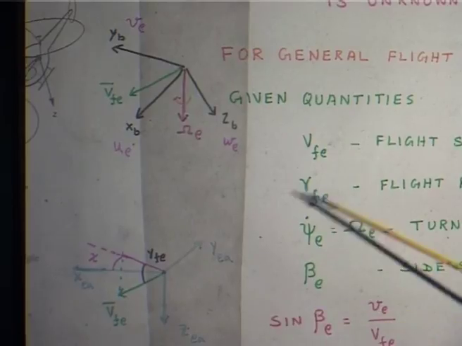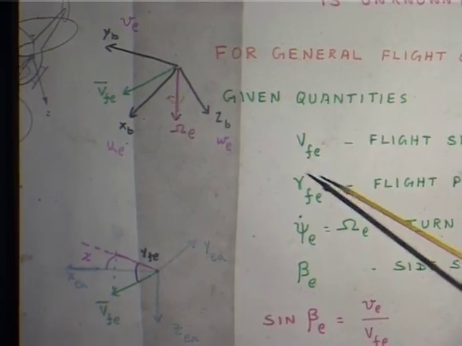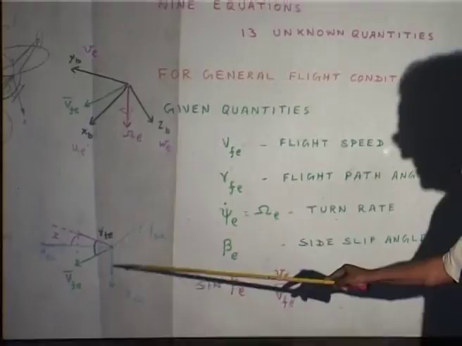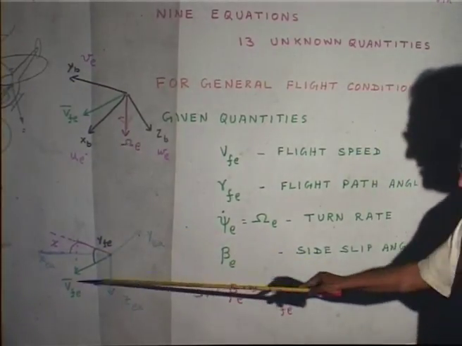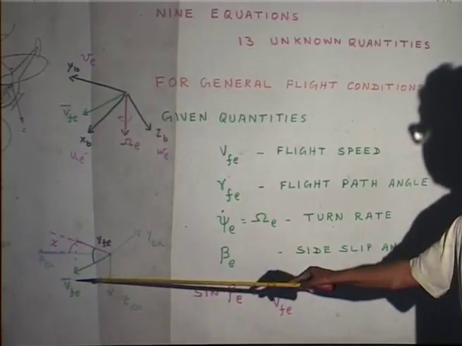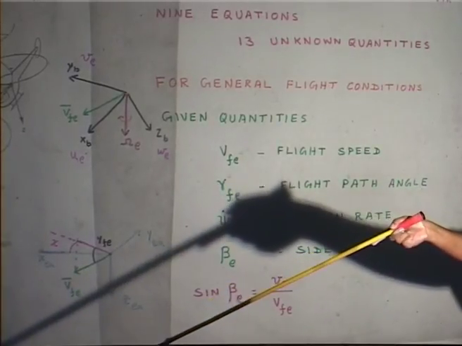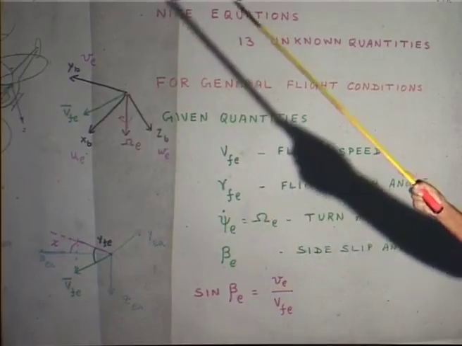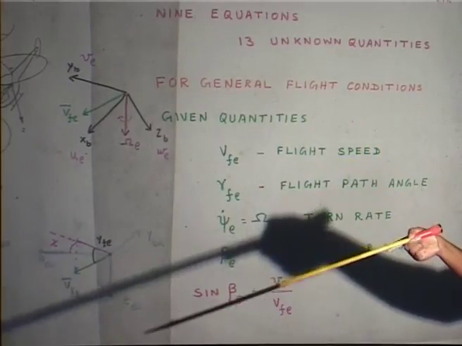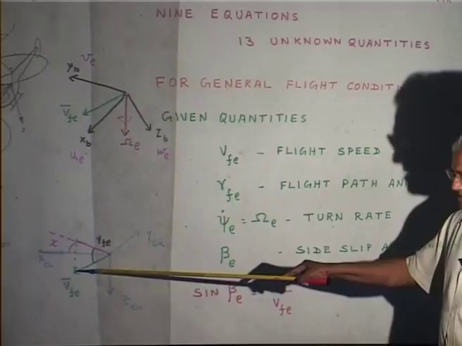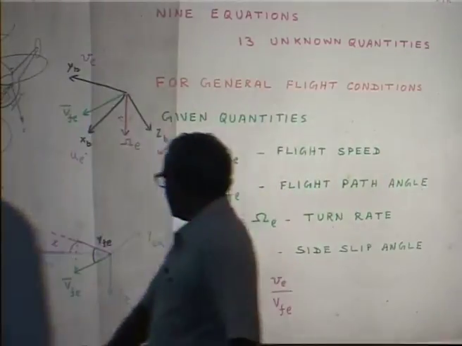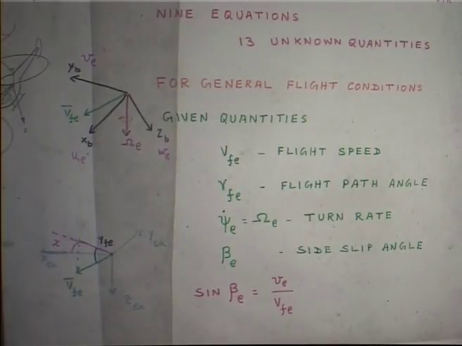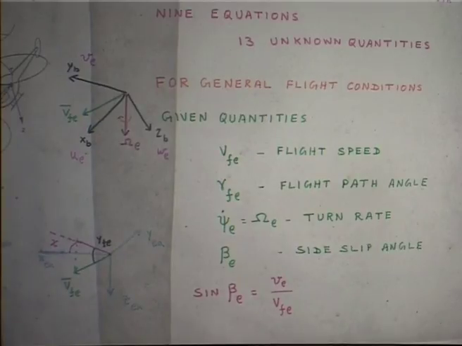Now, the flight path angle is defined as, this is the z earth, x earth and y earth. The velocity vector can be in any orientation. It can be up, down, anywhere. What you do is, you project this velocity vector onto the horizontal plane.